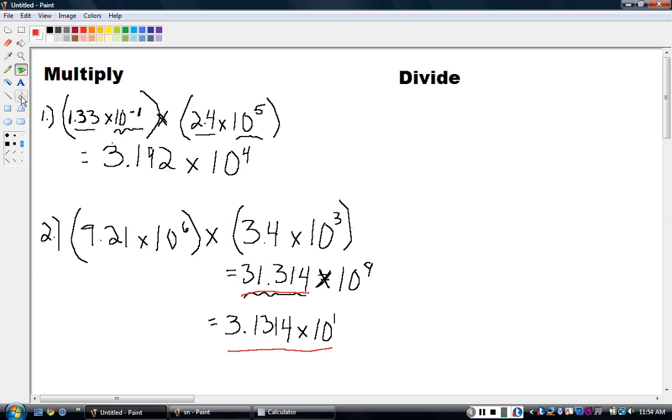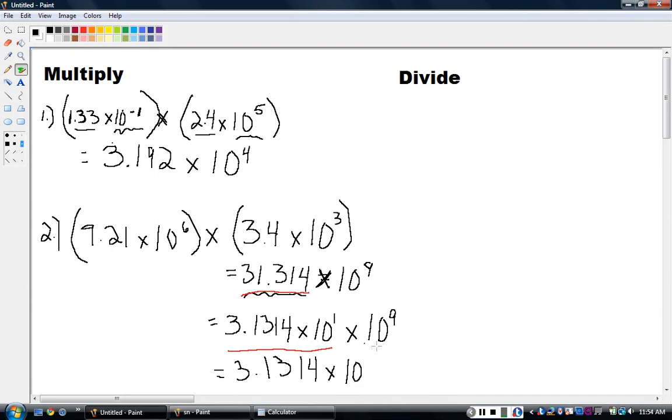And then I'm going to deal with the 10 to the 9th. So that's what I'm going to do next, is multiply that by 10 to the 9th. And I get my final answer in scientific notation, 3.1314 times 10 to the 10th, right? Because I add my exponents there.